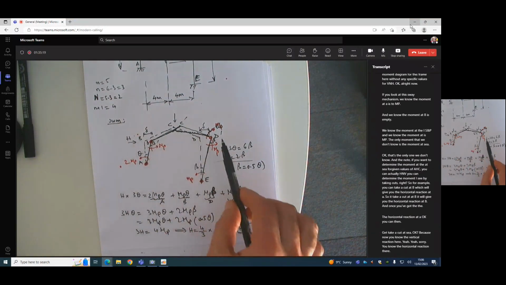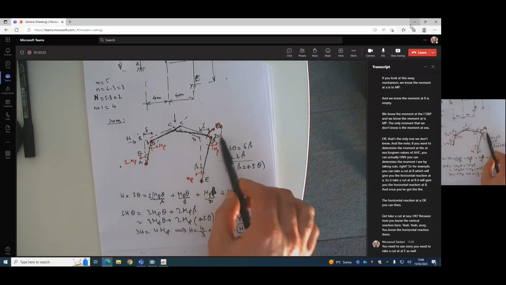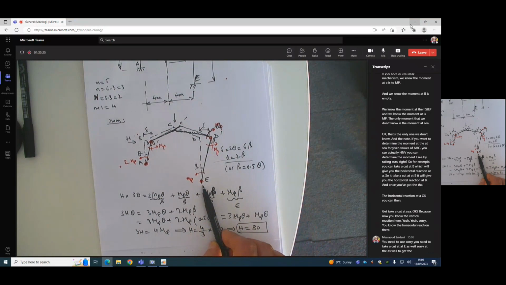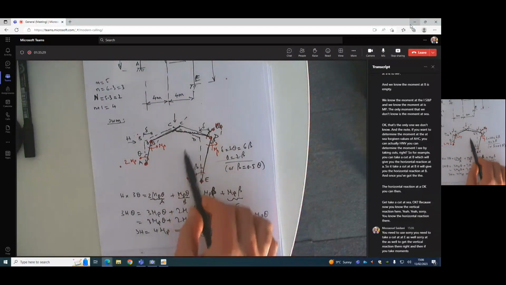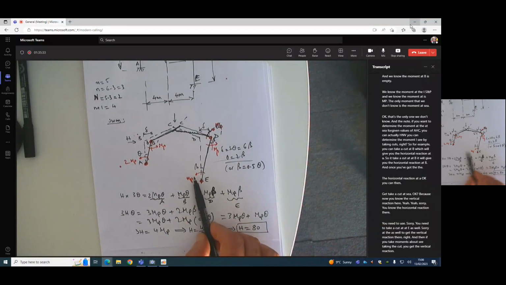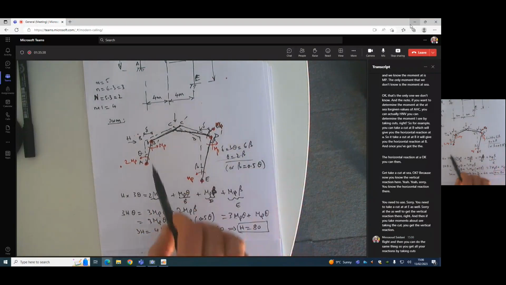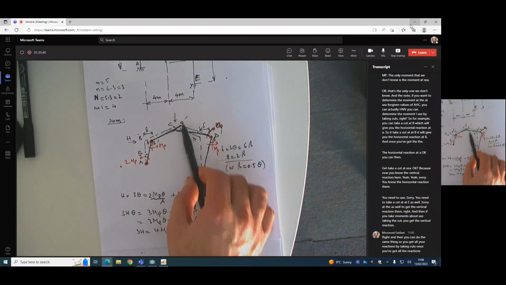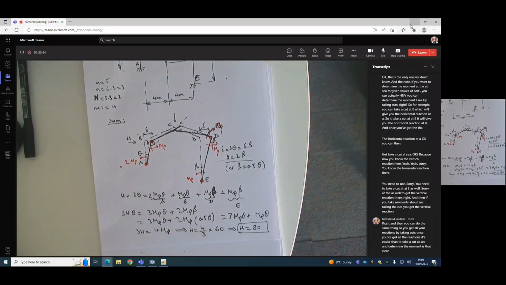You need to take a cut at E as well. At D as well, to get the vertical reaction there, right? And then if you take moments about C, taking a cut, you get the vertical reaction, right? And then you can do the same there. So you get all your reactions by taking cuts. Once you've got all the reactions, it's easy then to take a cut at C and determine the moment. Is that clear? So that's how you will do it.